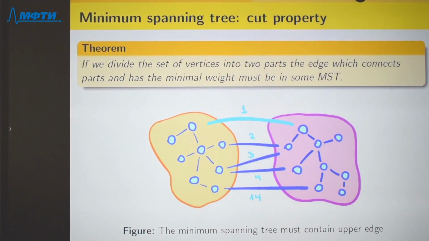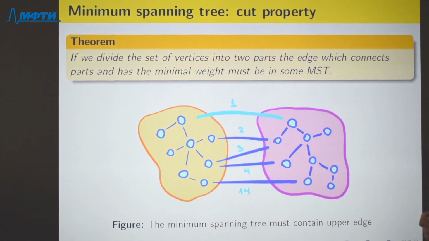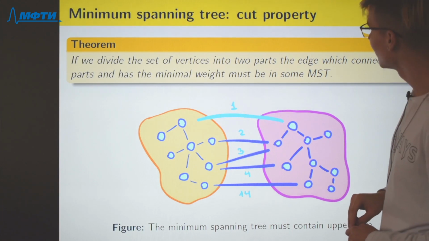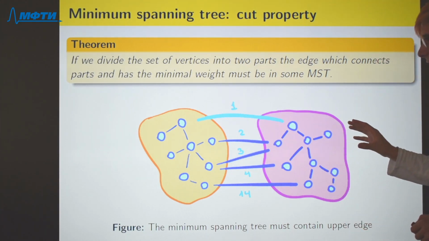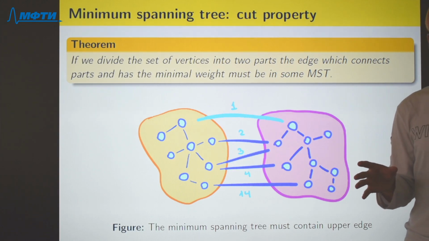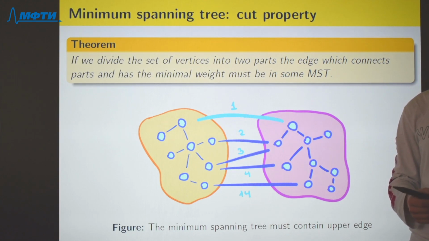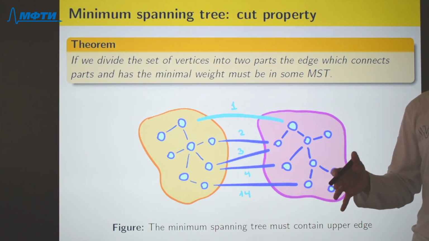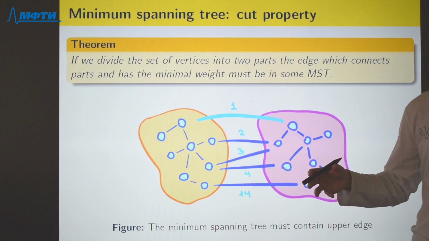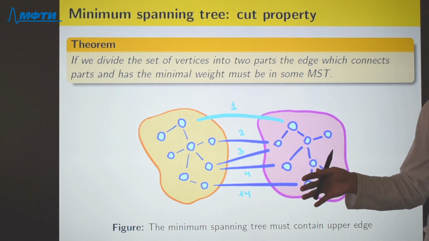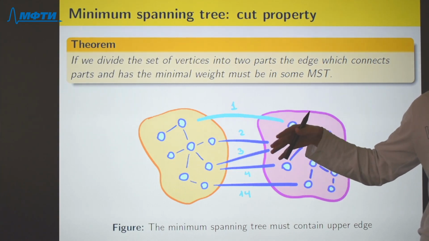About the cut property, we talk about cuts a lot today, so we need to understand what it is. Do you remember when we talked about the Ford-Fulkerson algorithm and finding minimal cuts in the network? When we said that max flow and minimal cut are equal in a network?